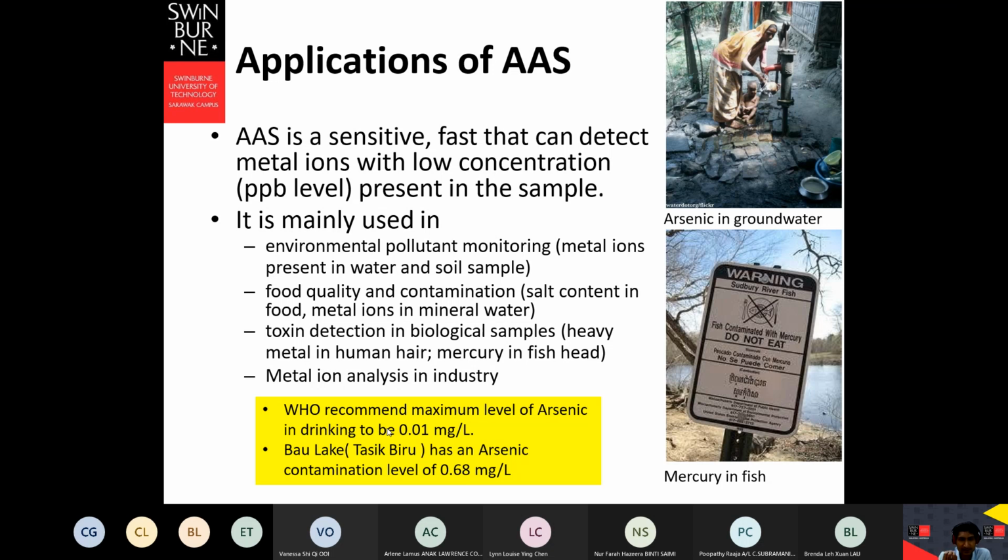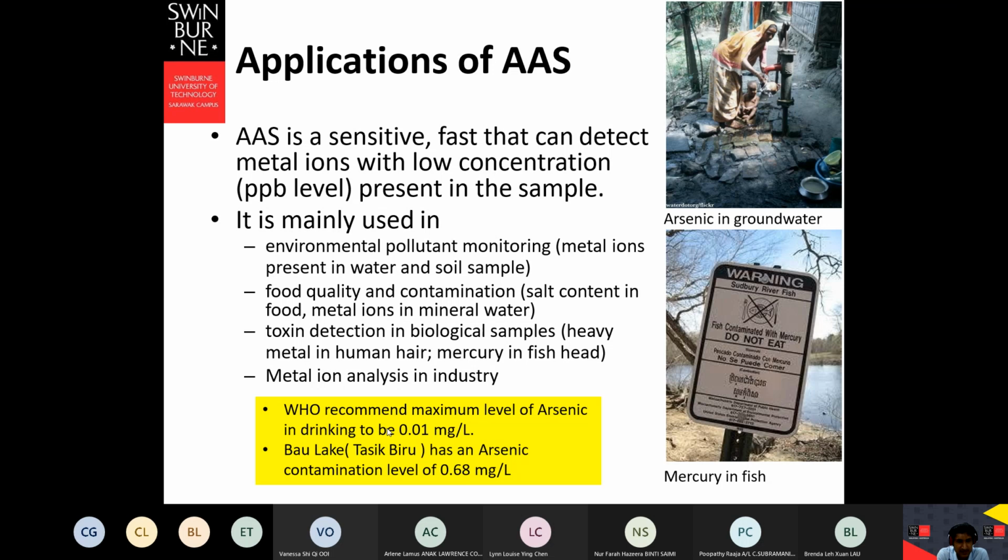So even a very small amount of metal, if it is in the sample, can be detected using this AAS instrument.